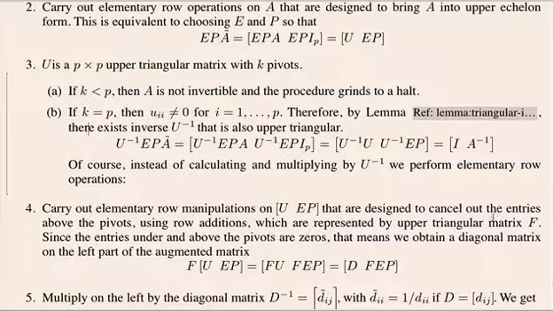So we want to cancel out those entries above the pivots. And what we do is we use row additions. But now we are adding rows below to rows above. So now these matrices are represented with the upper triangular matrices F, because you are adding to the upper part.